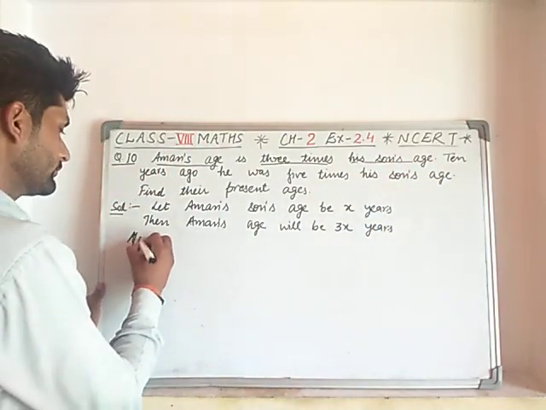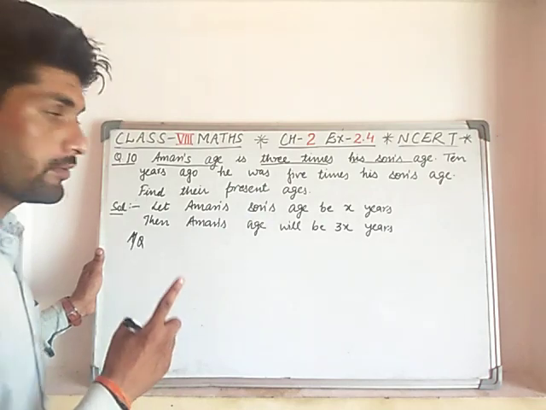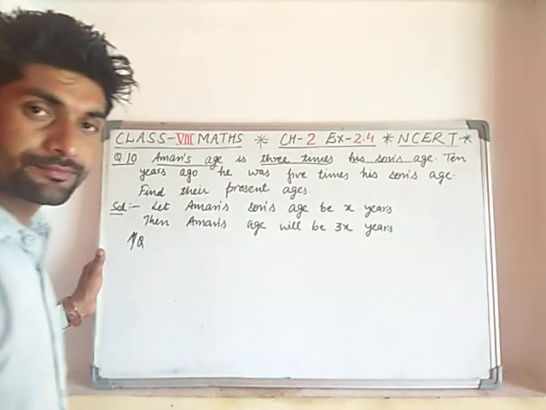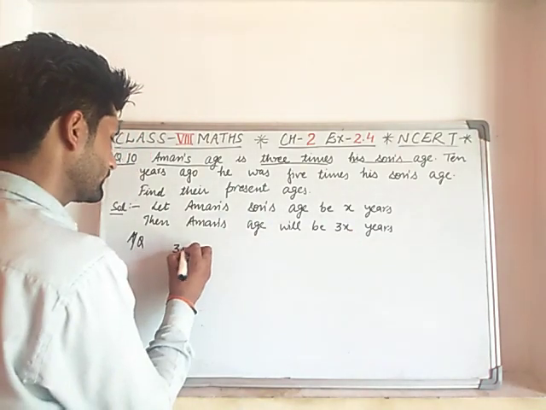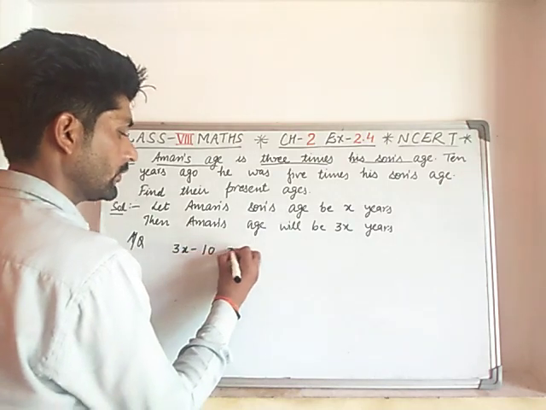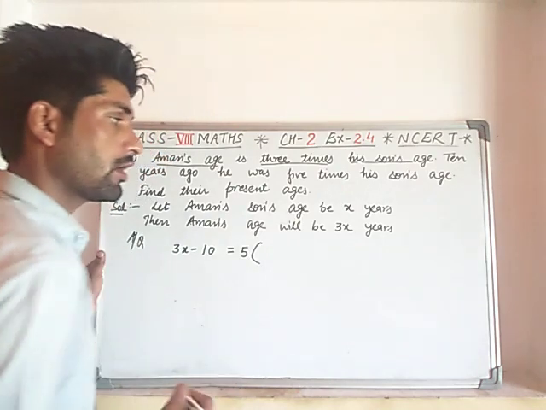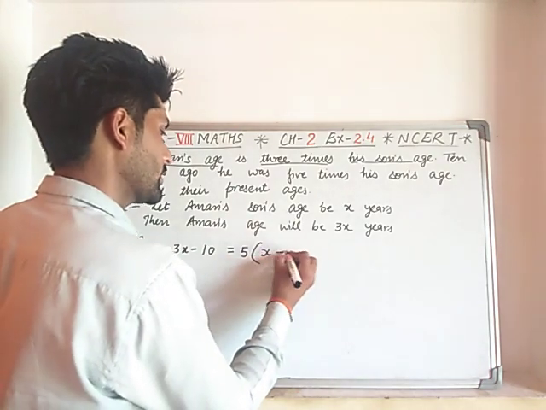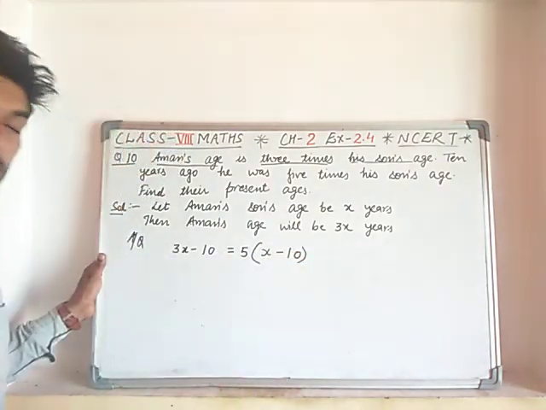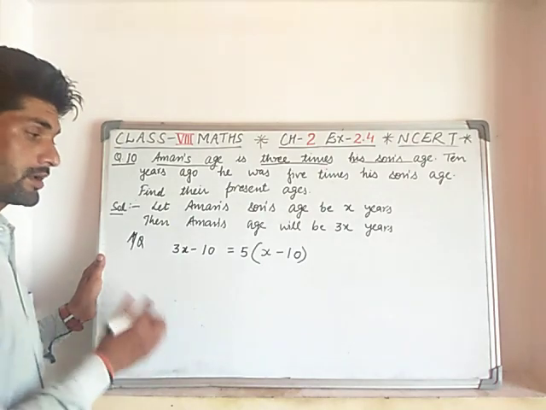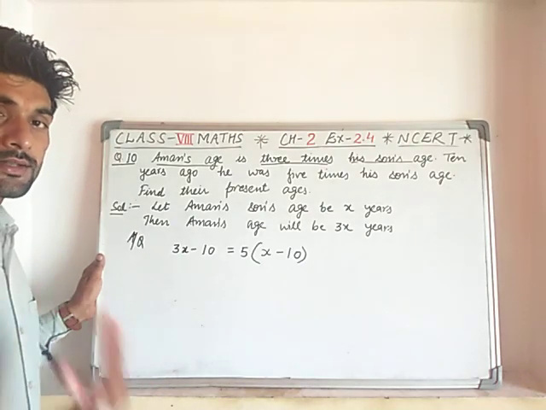According to the question, 10 years ago, age will be 3x minus 10 is equal to 5 times the age of his son 10 years ago. It is x minus 10, because 10 years ago means minus 10 करेंगे.